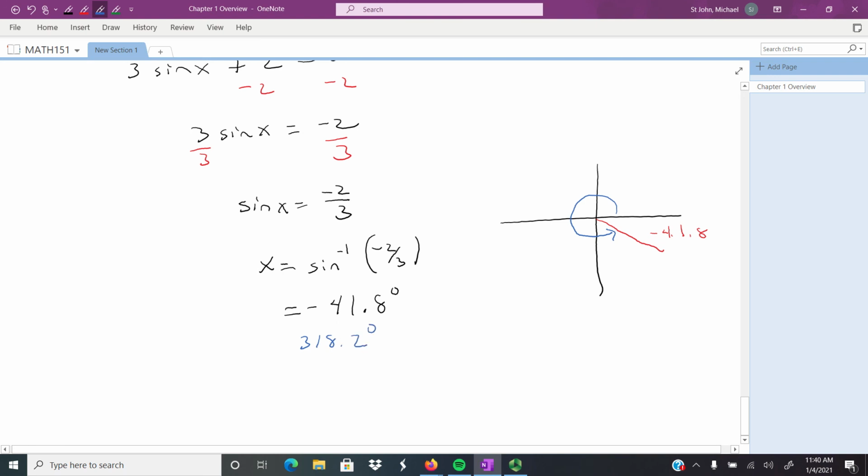But since sine is negative, there would also be another one in the interval between 0 and 360 degrees, and that other angle would also be over here, where this is 41.8 degrees. So the other answer here is going to be 221.8 degrees. Okay? So within the interval of 0 to 360, there are 2 answers here.